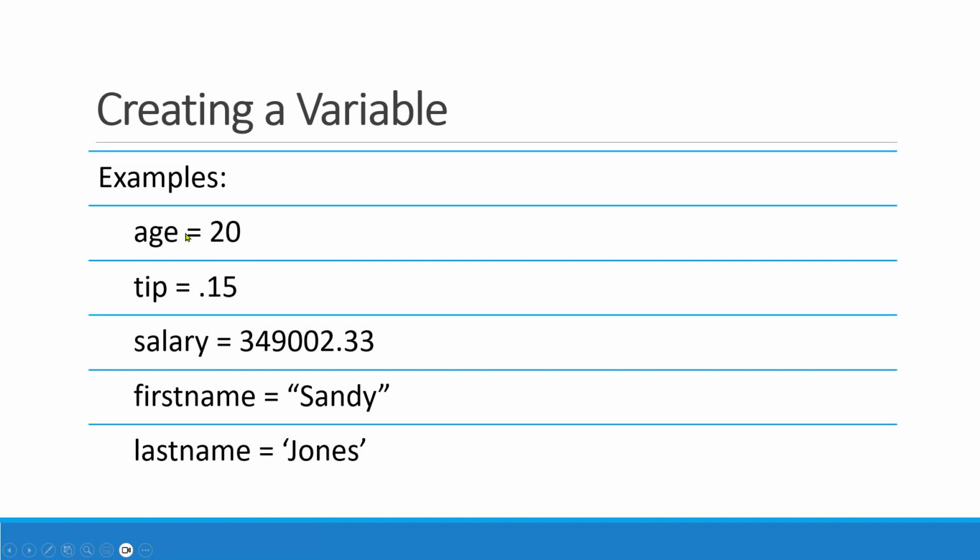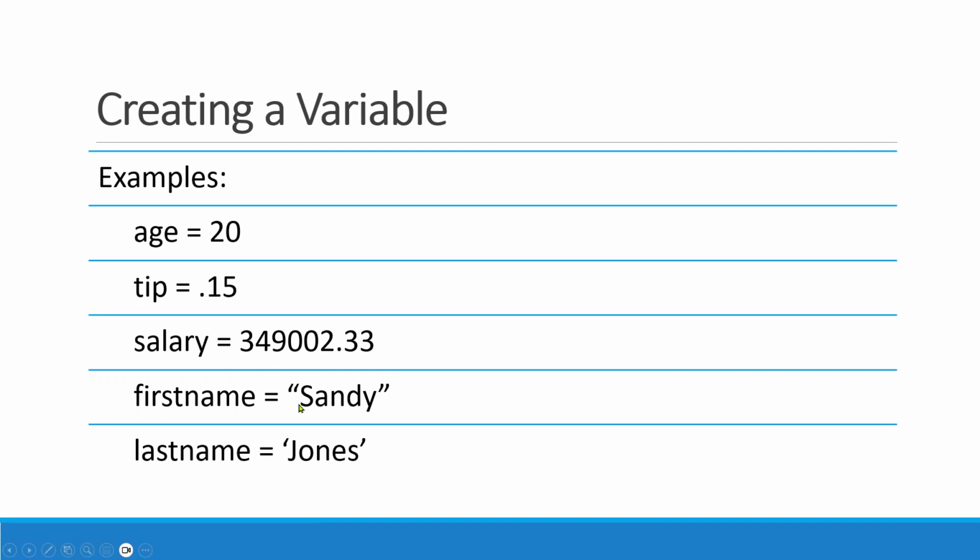This is the assignment operator, and I'm assigning the value 20 to the variable age. The second example here, I'm assigning a decimal number to a variable that I call tip. And again, the assignment operator here, assigning 0.15 to tip. The third example is I'm assigning a very large decimal number to salary.